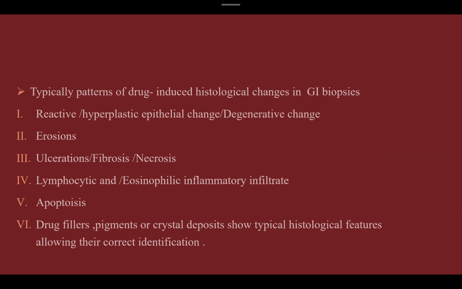So what are the different patterns that we see in GI biopsies? We can see reactive or hyperplastic epithelial changes, or degenerative changes. Then we can see erosions, ulcerations, fibrosis, or necrosis, lymphocytic and eosinophilic inflammatory infiltrate, and apoptosis.